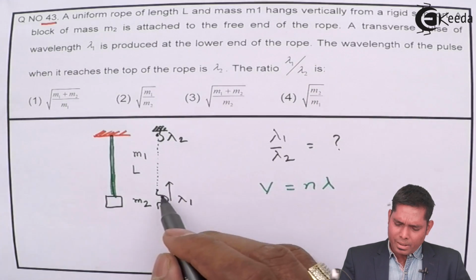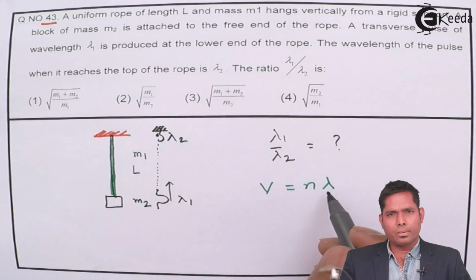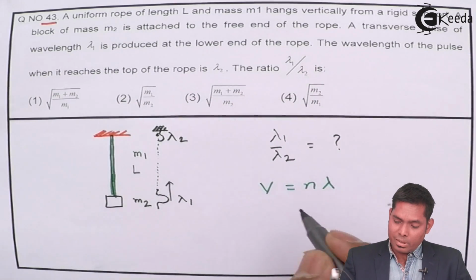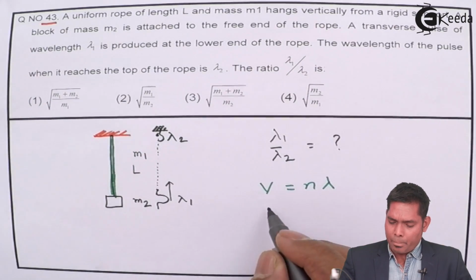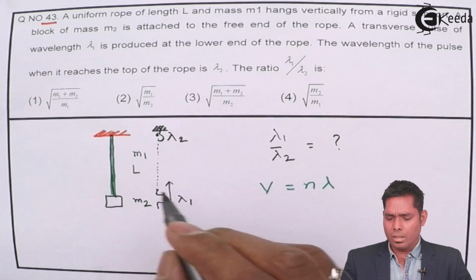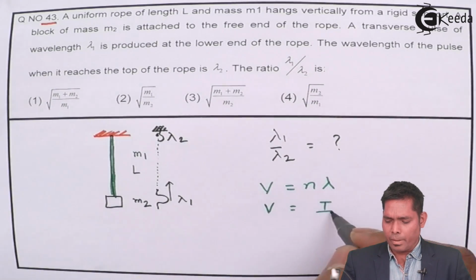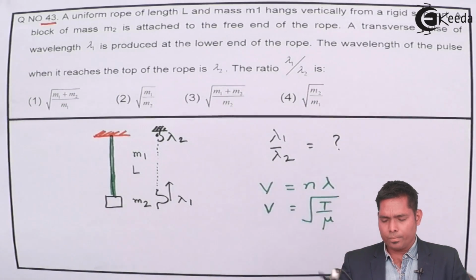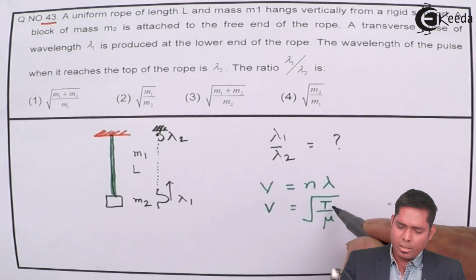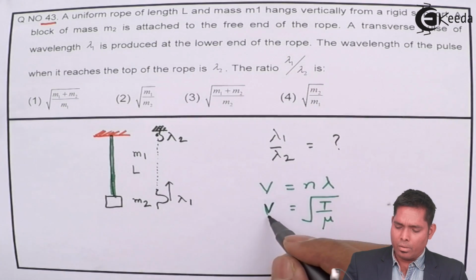Because the pulse generated in the string is transverse in nature, the velocity of the transverse wave is equal to the square root of T divided by mu, where T is the tension in the string.